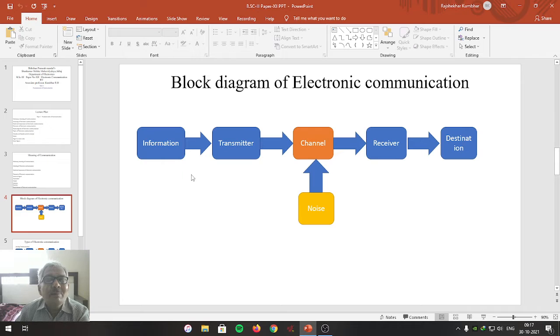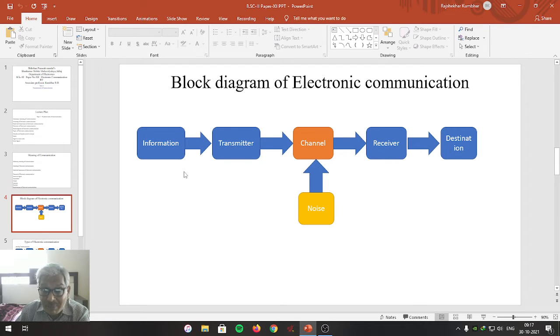For example, suppose there is sound as an acoustic signal. By using a mic, one can convert it into an electrical signal. Suppose there is information in the form of video. By using a video camera, one can convert that scene, that event, as physical information into an electrical signal.